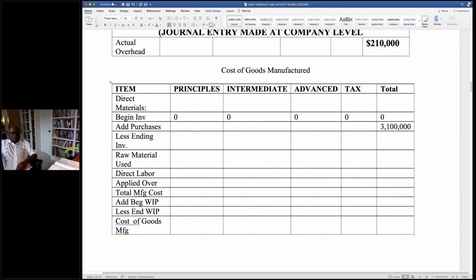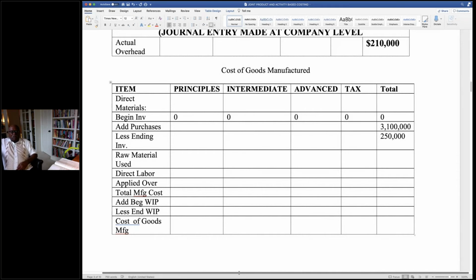So we had leftover 200,000 on one and leftover 50,000 on one. So our less ending inventory is going to be 250. And we're not putting them in the individual books because they share a T chart for raw materials. So they don't have their own individual one.